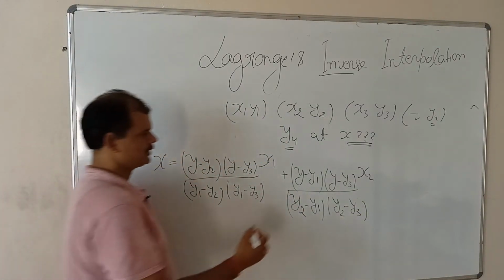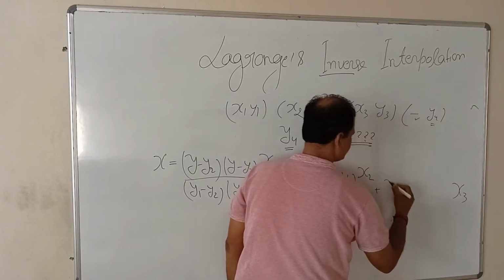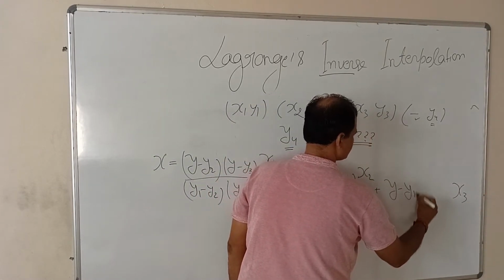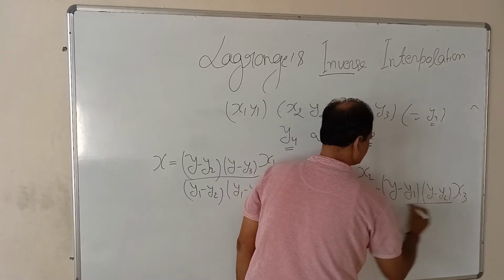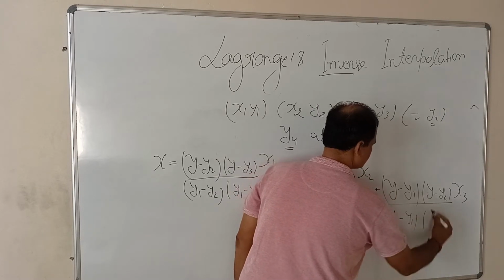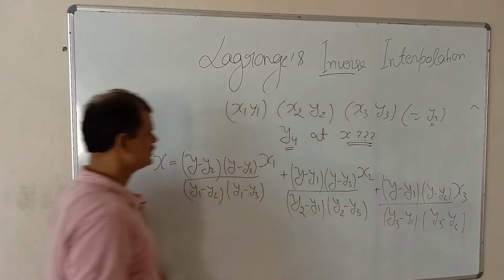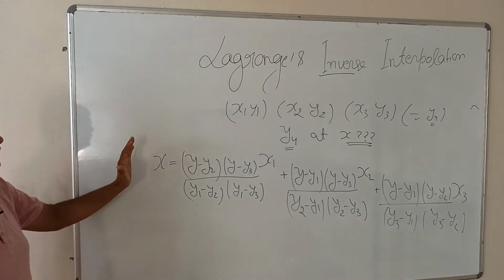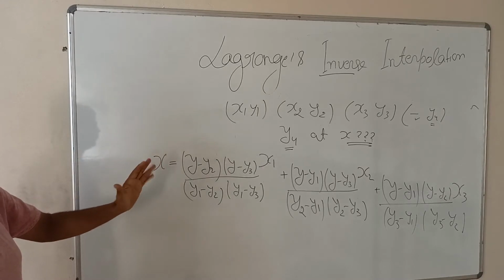Second term, and the third term will have x3 times (y minus y1)(y minus y2) divided by (y3 minus y1)(y3 minus y2). So this is the formula of inverse interpolation. X is the function of y here.